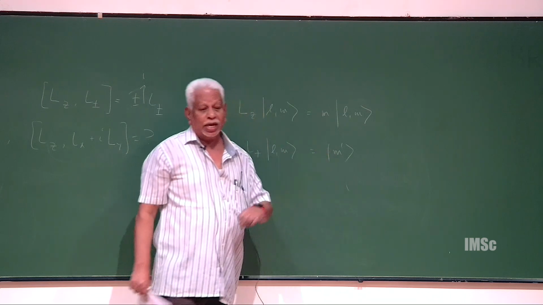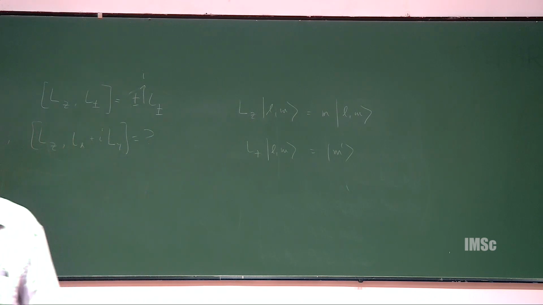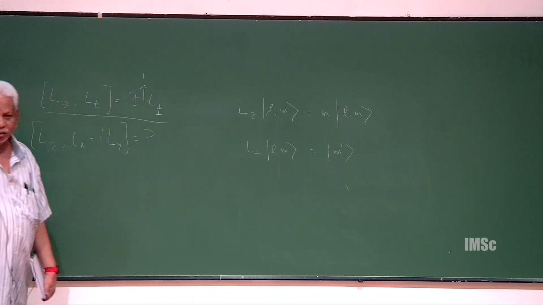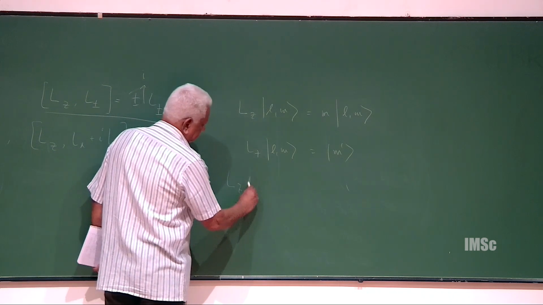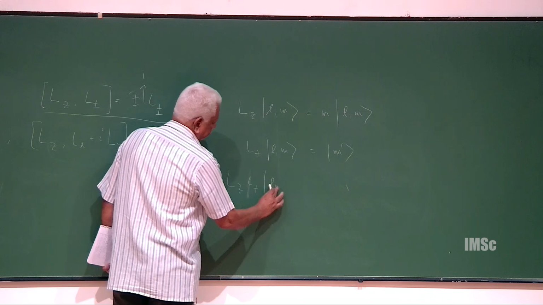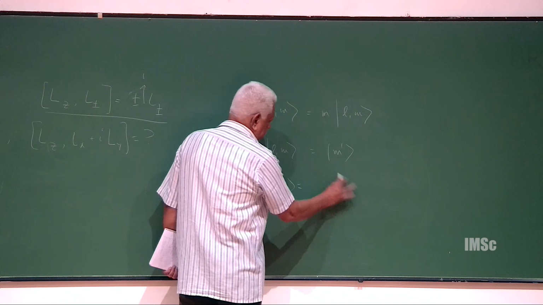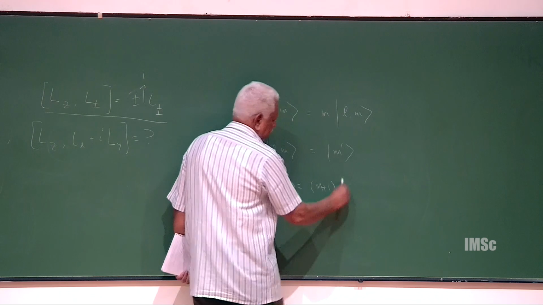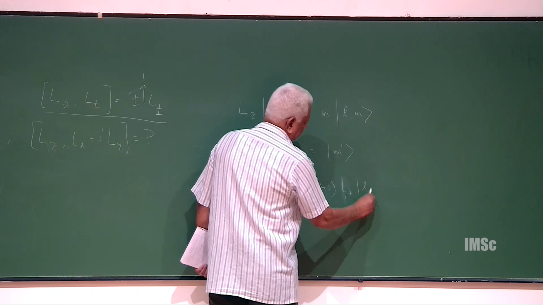It will turn out this is an eigenstate of Lz, using this relation. You will find Lz acting on L plus lm is equal to m plus 1 times L plus lm.